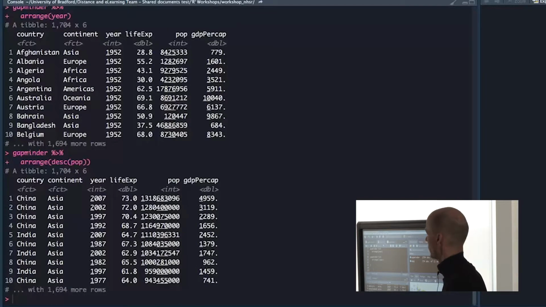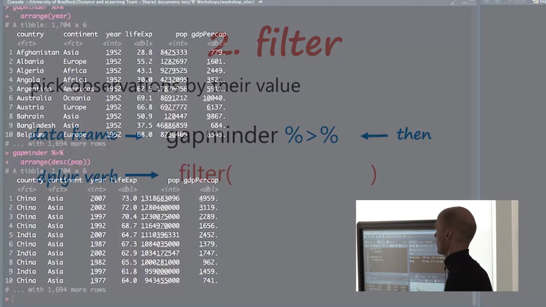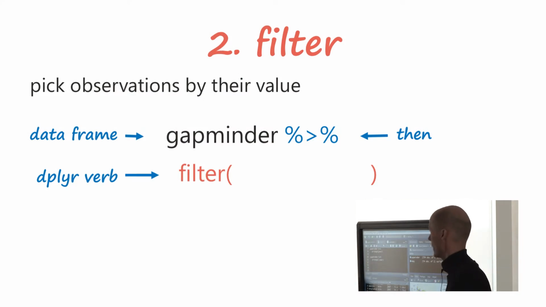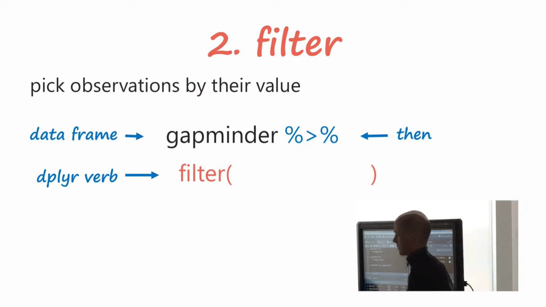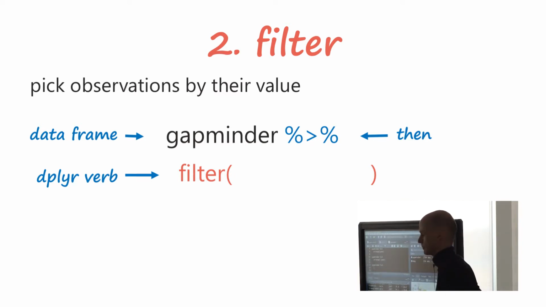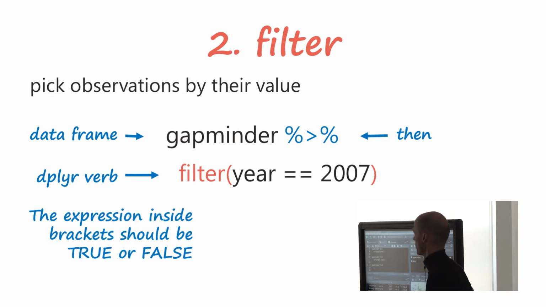We want to select observations that have been taken in 2007. So we want to add a filter, which allows us to pick observations by their value. It works in exactly the same way. We would start with our input data frame, and then we'll filter. What we have to do here is give filter a true or false statement.